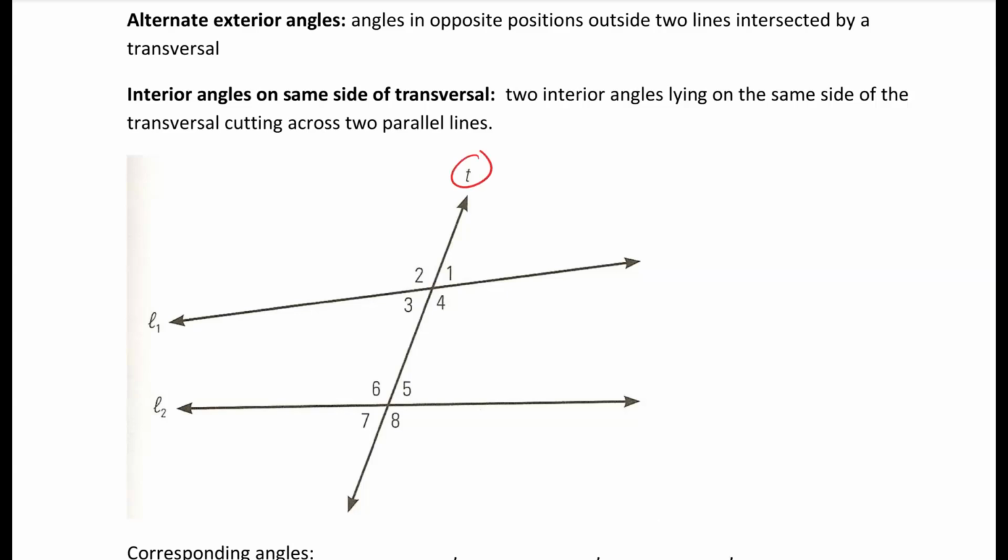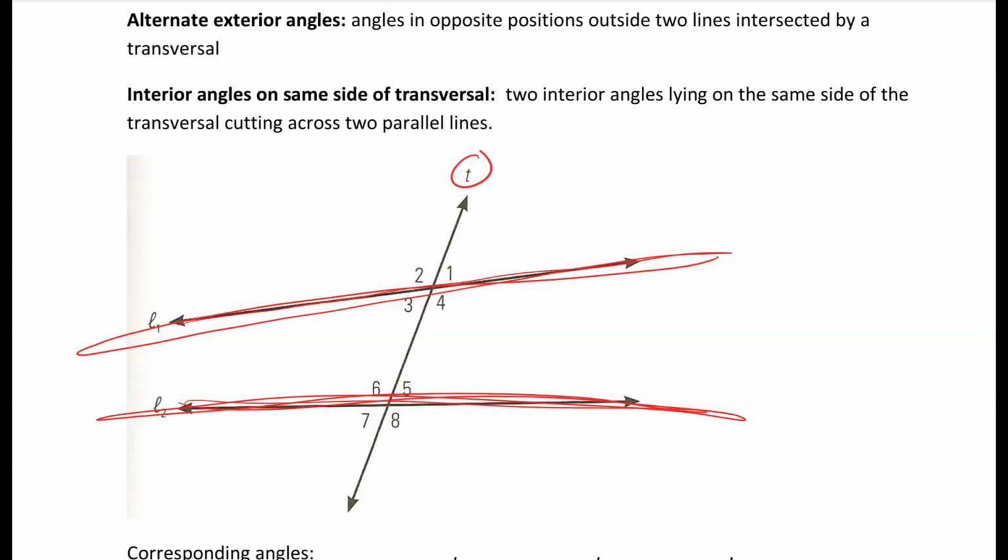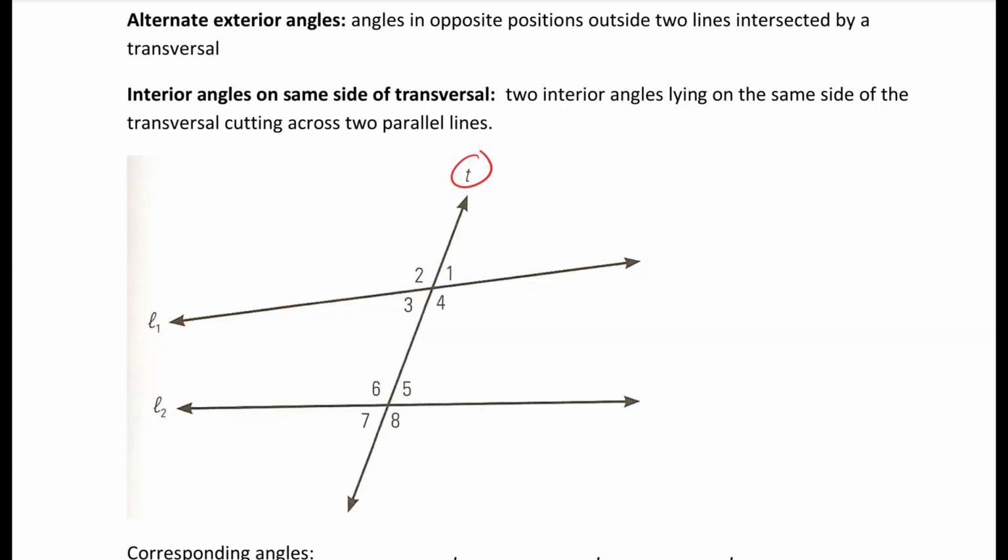T here at the top is going to represent our transversal line. So that's a line that intersects two or more lines, which we have line 1, which is going across here, and line 2, which is going across here. So our transversal always goes through at least two lines.